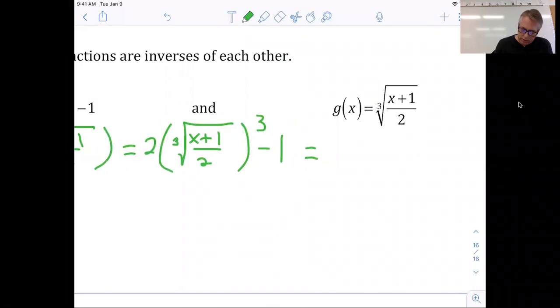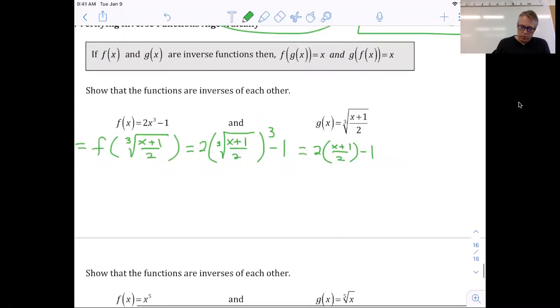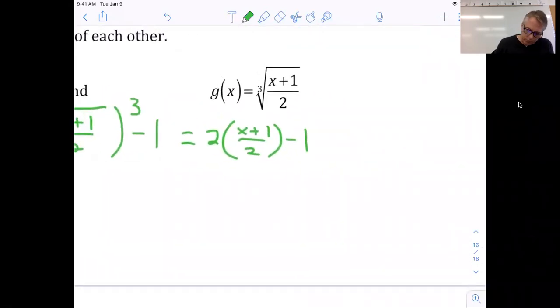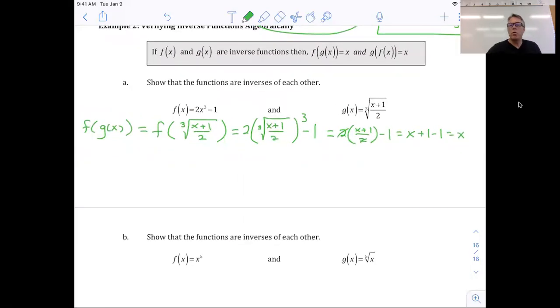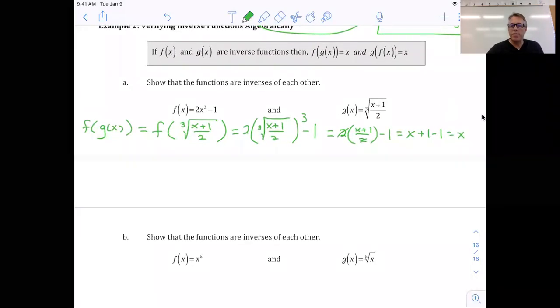Those two operations cancel each other out. And we have 2 times x plus 1 over 2 minus 1, because the cube root and the cube cancel each other out. So our 2's cancel and we have x plus 1 minus 1, which of course equals x. So we have shown that f of g of x equals x.